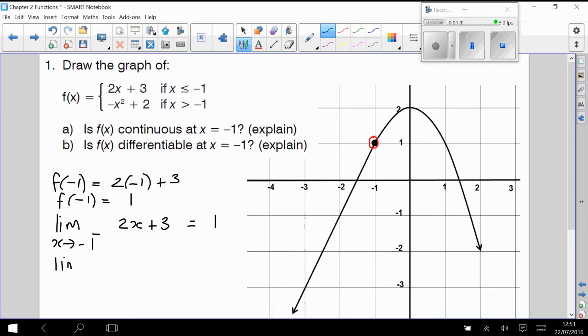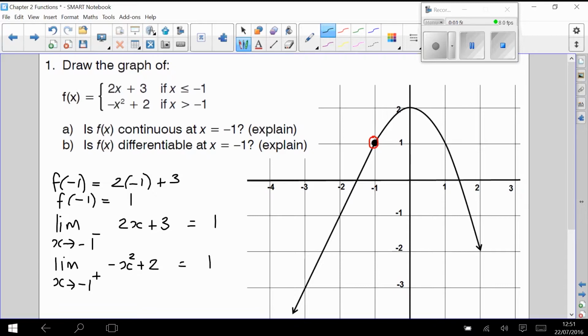Let's now test it from the right. So as x tends towards minus 1, coming from the right means that I would have to substitute into minus x squared plus 2. When you put minus 1 in there, you're also going to get an answer of 1. What we have done is we have successfully proven that our graph is continuous.